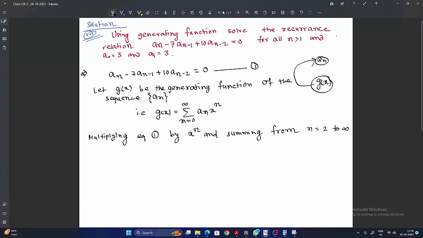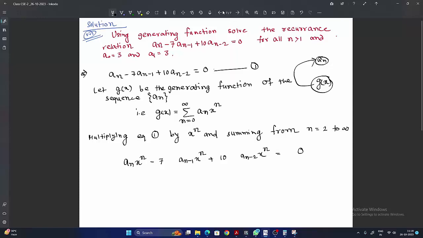Then take the product with x to the power n, that means a_n x^n minus 7a_(n-1) x^n plus 10a_(n-2) x^n is equal to 0.